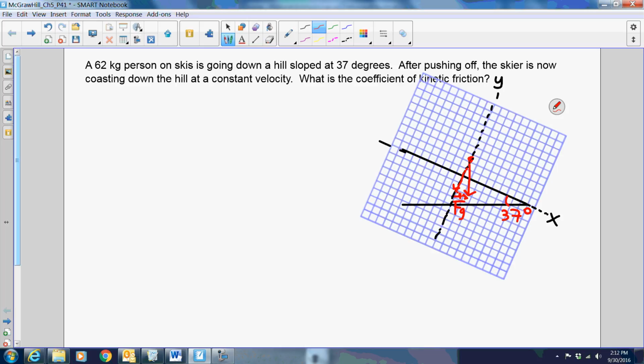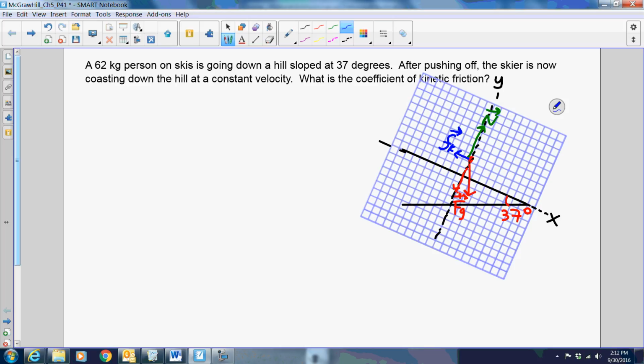Okay, but then I know, because I'm in equilibrium, that the normal force must be canceling with gravity's component, and I'm going to try to draw it the same length. It's about 5.5. So I've got a normal force here, and then the force of friction is pointing just a little bit this way, resisting her motion down the hill.